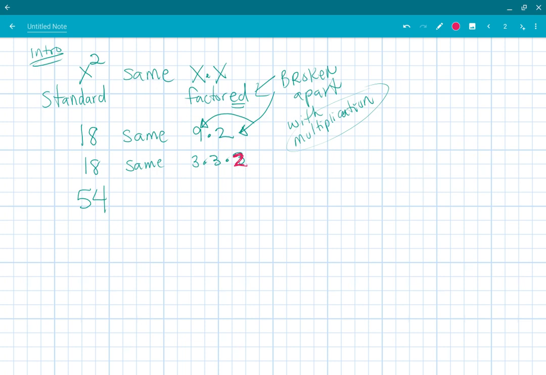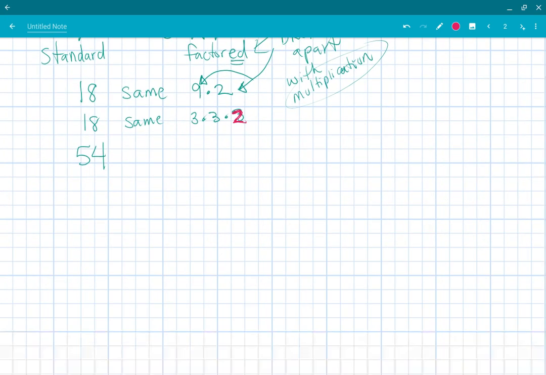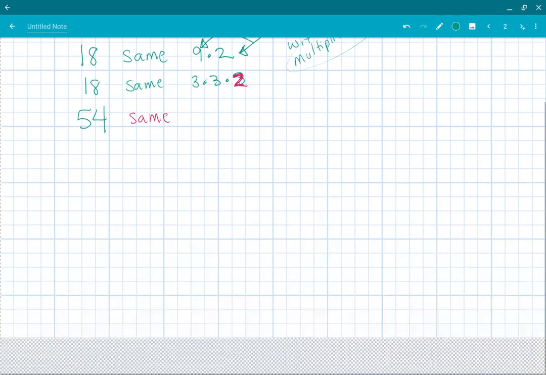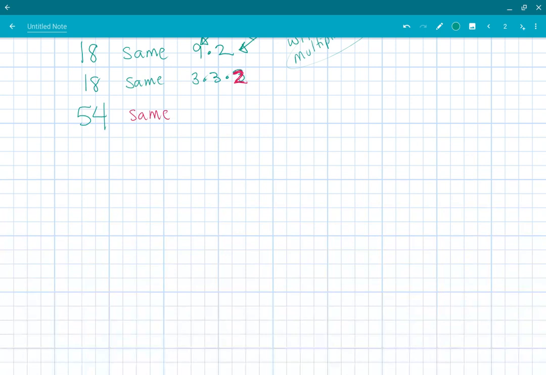Can somebody break apart 54? What is 54 the same as? Come on, guys, let's go. What's 54 the same as when you multiply? 8 times 6.75.